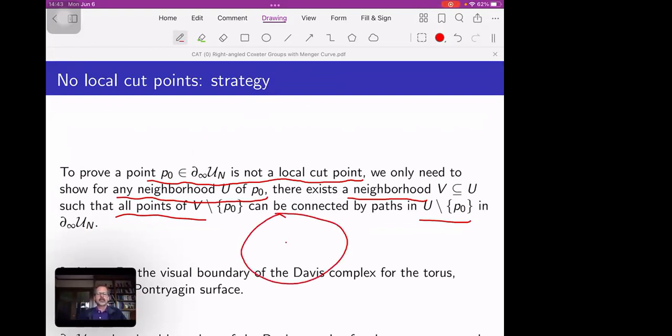For each P0 in U, for any U, you have to find a V. And for any pair of points Q and R, you have to find a path in U to connect them. This path can go beyond V, but you can't go beyond U. If we can do this, then this point is not a local cut point.